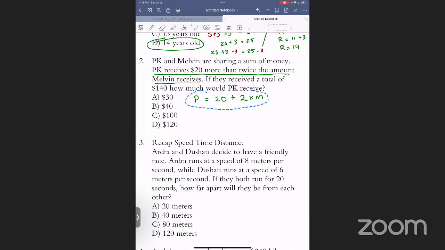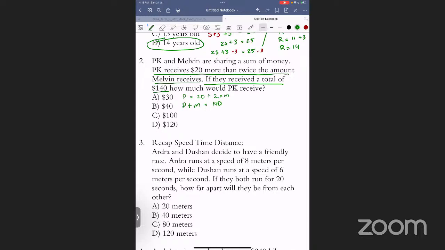Fairly straightforward, right? Next, it says that if they received a total of $140, how much did PK receive? So we know that PK plus Melvin got $140. All right.